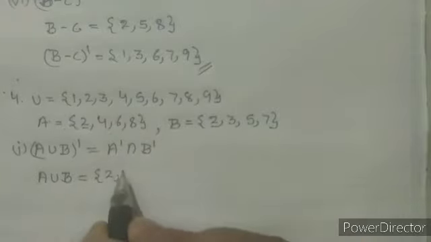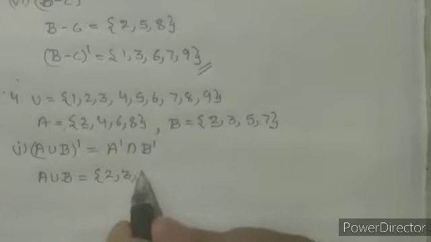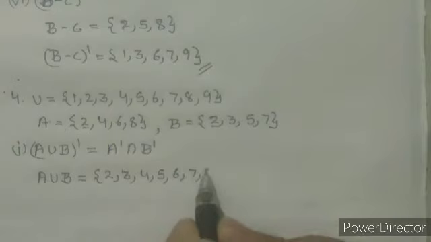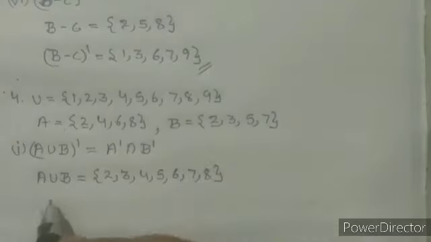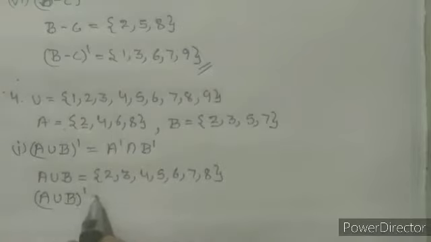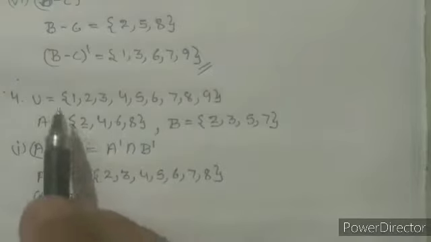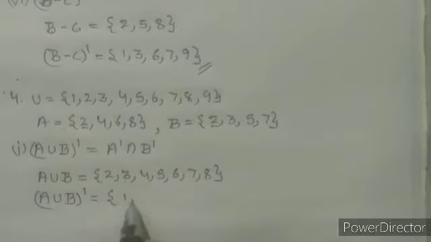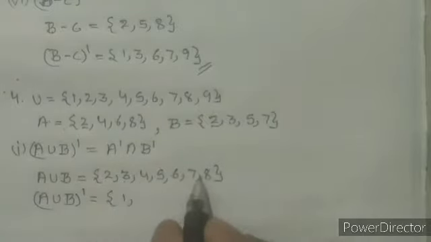This will be 2, 3, 4, 5, 6, 7, and 8. Now A union B whole complement will be the elements of the universal set which are not in A union B, and those are 1 and 9.